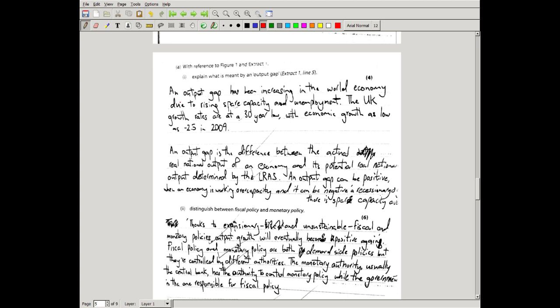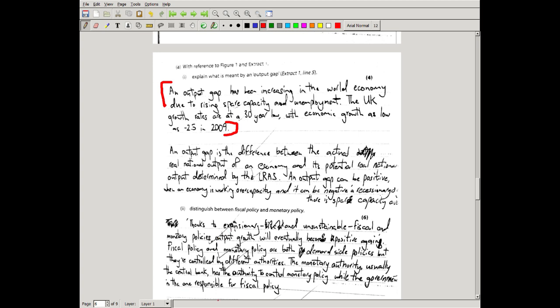You can do either way, but I prefer to get the application marks out of the way before I go on to the knowledge marks. That's because I'm a little bit forgetful, I suppose. I tend to skip over the application, so I start with the hard part first. But it's pretty switchable. I mean, you can swap this with the definition. You can start off over here and end over there.